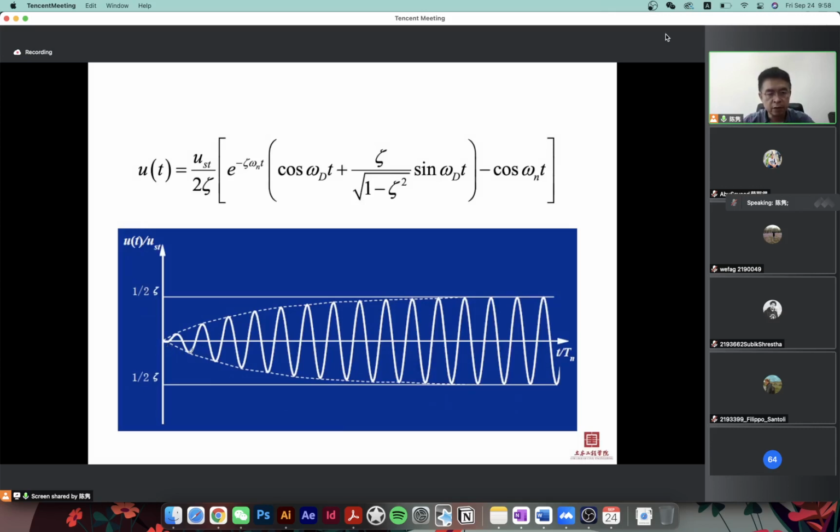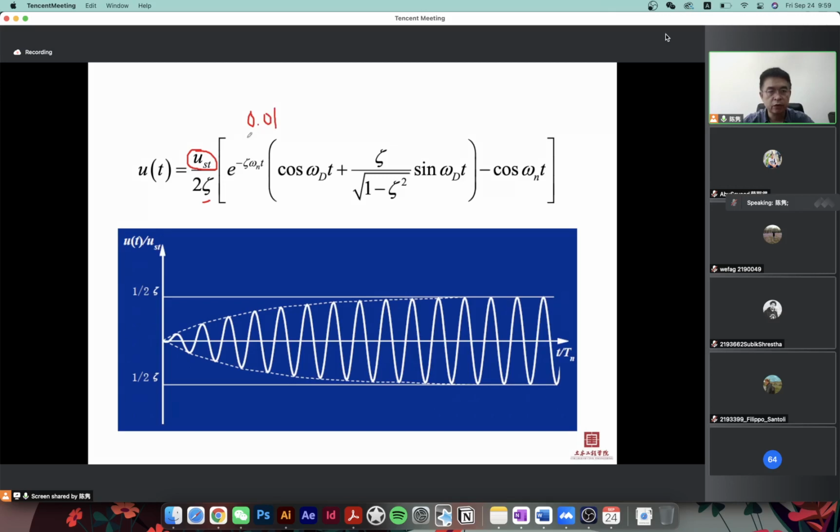You can see the amplitude of vibration increases with time, but it has a boundary, a limitation, which is 1 divided by 2 zeta times the static deformation. So the maximum value should be 1 divided by 2 zeta times UST.